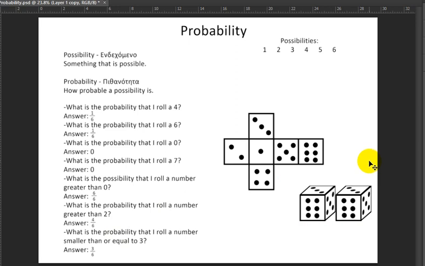Well, it changes completely, because the outcomes are no longer just 6, because the combinations of the two dice are different outcomes. So for each result of one die, I have 6 other possible results for the other die. That makes a total number of possibilities of 36. I have 36 possible outcomes if I have two dice. But we're not going to explore that today at all, or generally speaking this year.